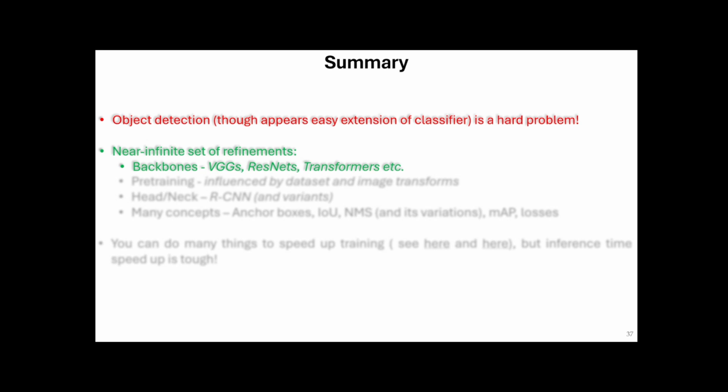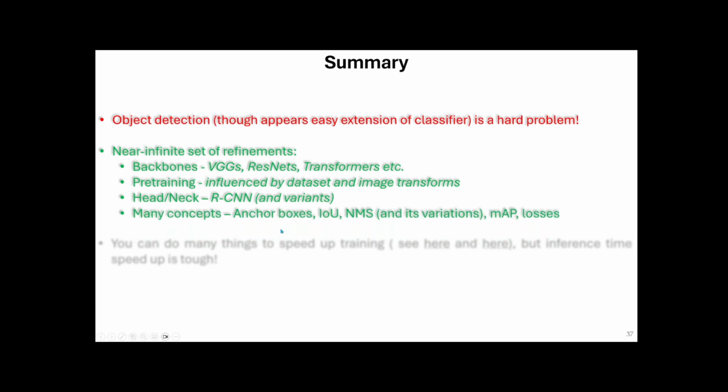Okay, so you can have pre-training, you can have n number of ways you can do the image transforms and datasets, the annotations, all those possibilities, right? Backbone is the first part, and the head and neck is the part which takes all the regions and predicts the class, so you can have variations for that as well, the RCNNs and the variants on that.